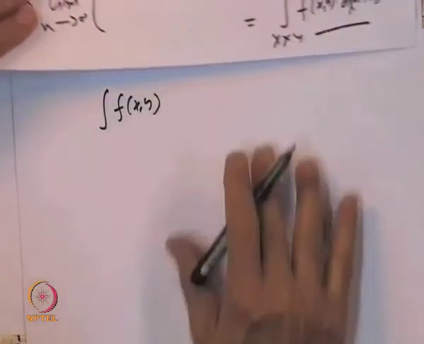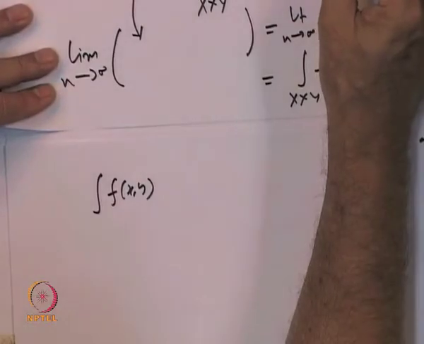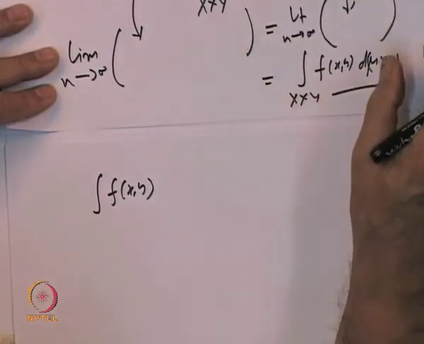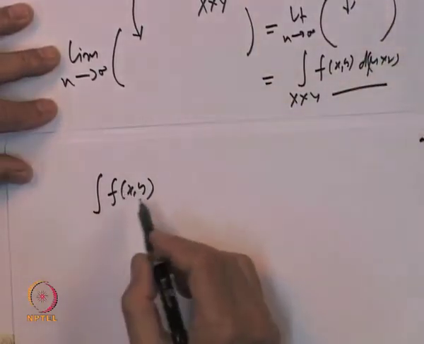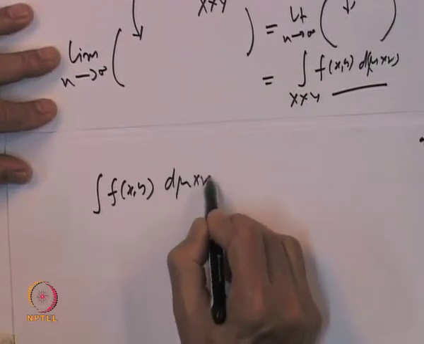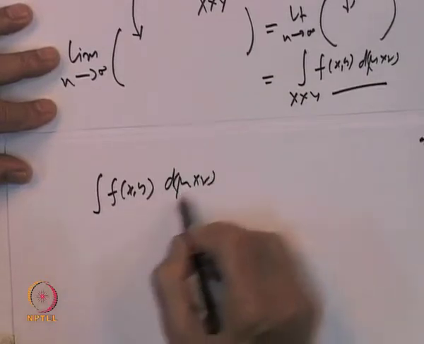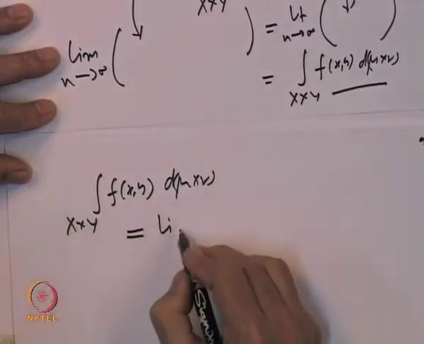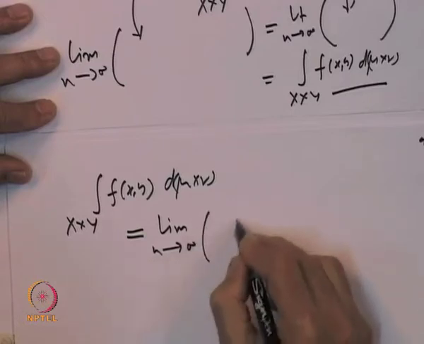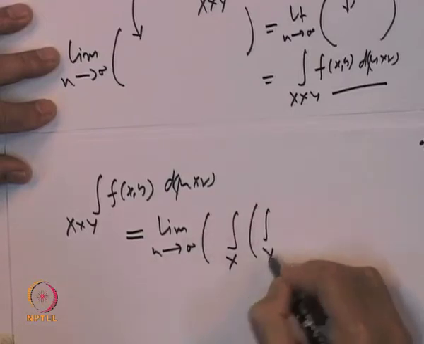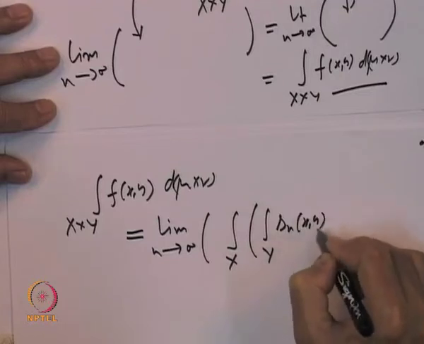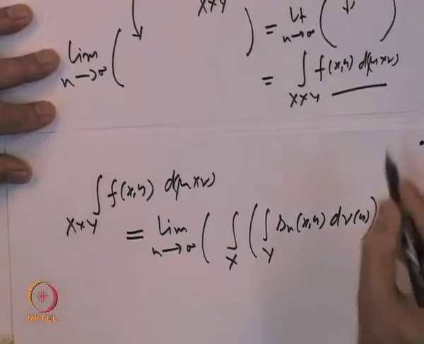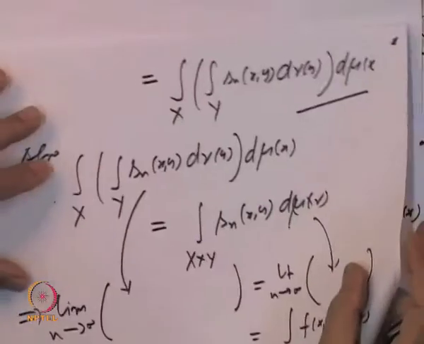Okay, let us just see, have we proved that? What we have shown is that the integral of d mu cross nu over x cross y is equal to the limit as n goes to infinity of the integral over x, integral over y of S n x y d nu y d mu x.